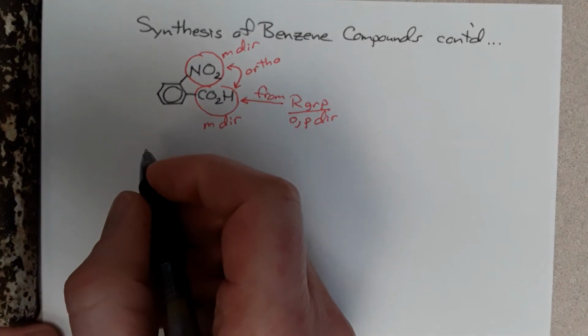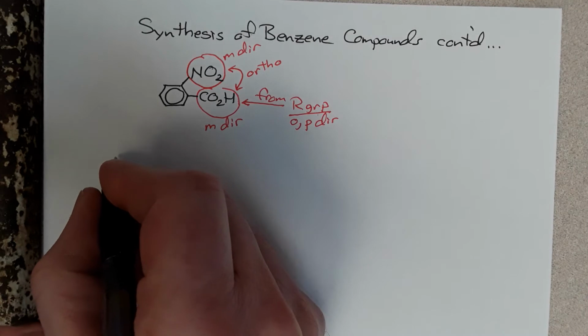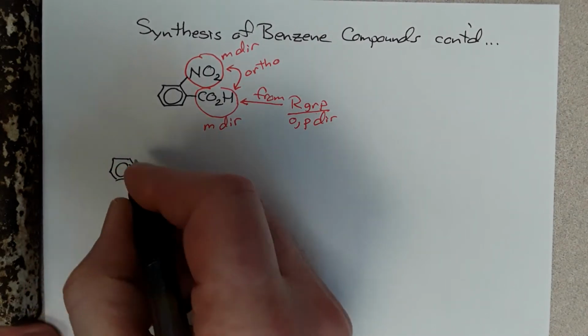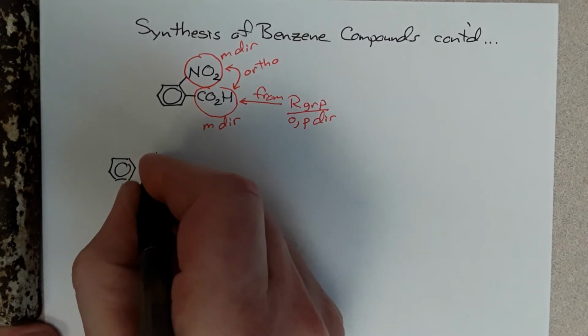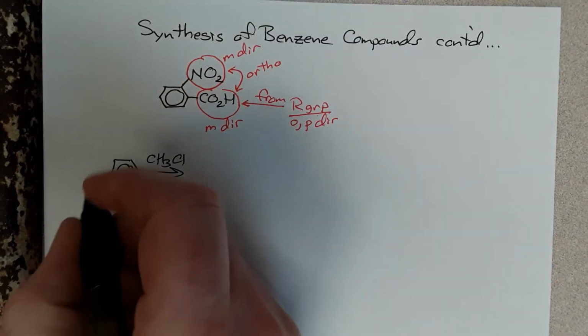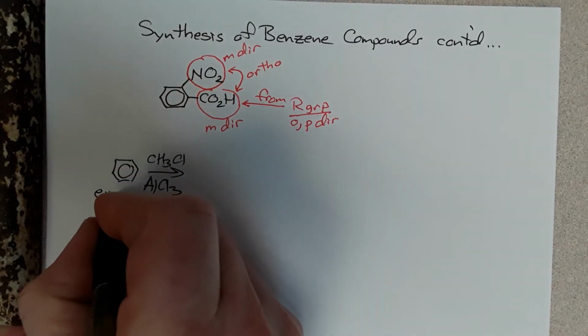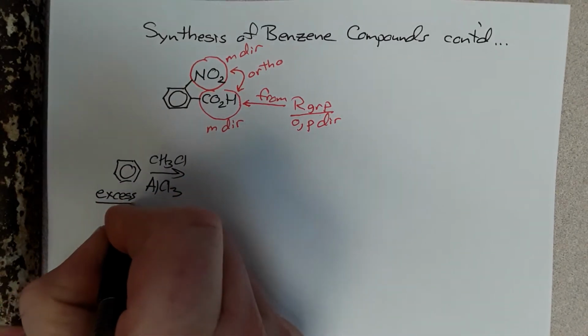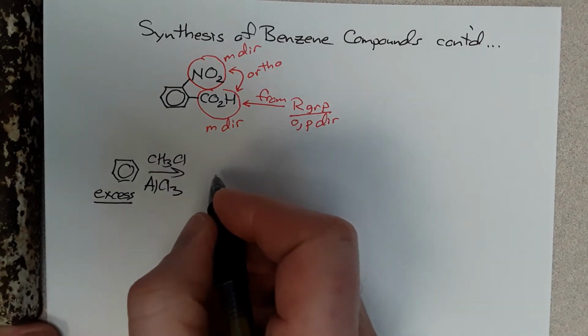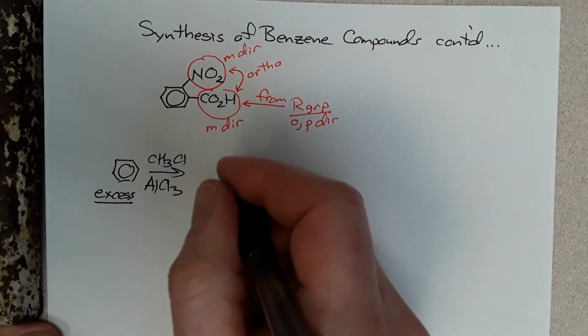Okay, so let's draw that out. Benzene, you're adding the methyl group, and remember you need an excess of benzene when you do this, because otherwise it's going to add a methyl and activate it more, and it'll add a second methyl and you'll have a mess.